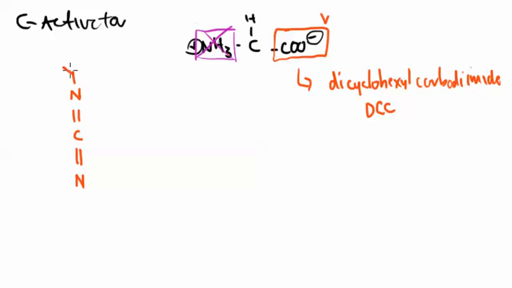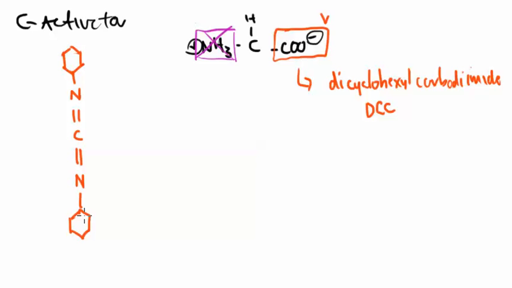So that means off of this nitrogen, I have a six-membered ring, and off of this nitrogen, I have a six-membered ring. So that's the structure for dicyclohexyl carbodiimide, otherwise known as DCC. And this molecule will go in and activate the carbon. It makes a very good leaving group in the mechanism.